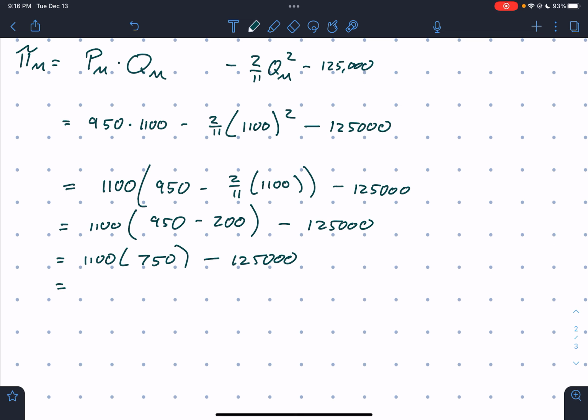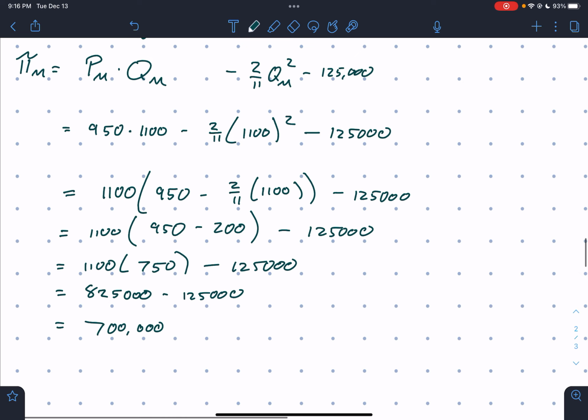This ends up being around 825. Not around 825, exactly 825,000 minus 125,000. You get a nice even 700,000. So this is giving us the profits of the monopolist.